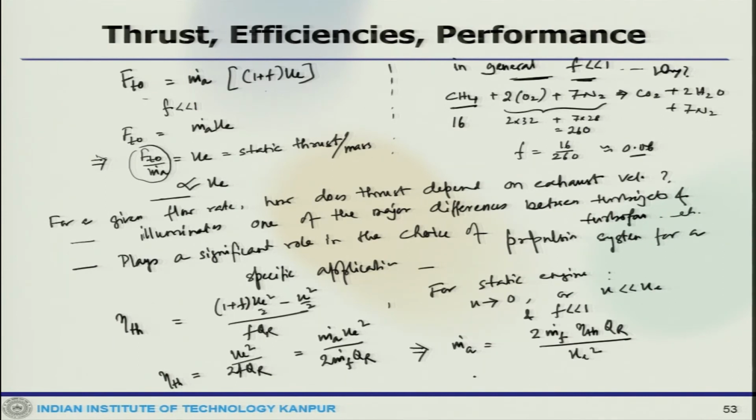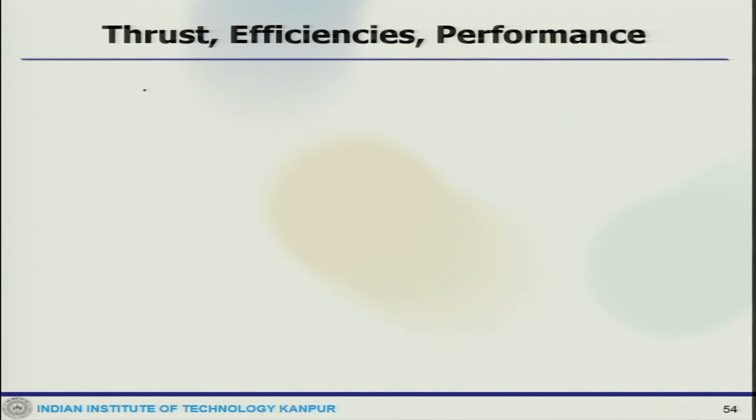and also we know the thrust is m dot A, that is, the takeoff thrust that we have got, m dot A times essentially U e. So, we can write this as 2 m dot F eta thermal by Q r into U e.